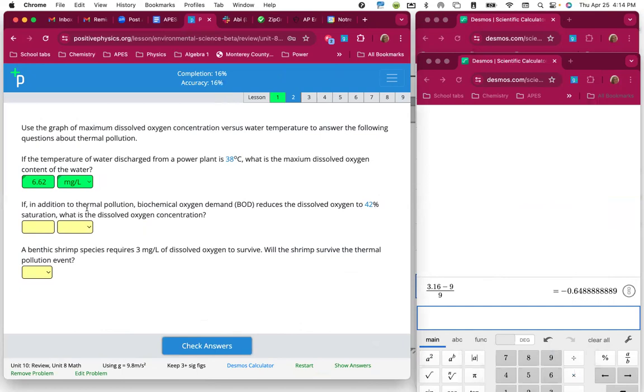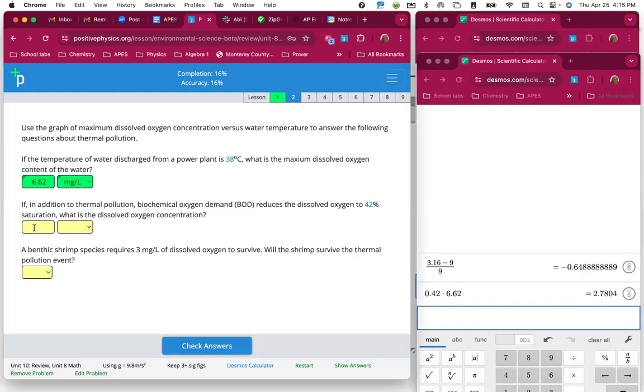So if in addition to thermal pollution, biochemical oxygen demand reduces the dissolved oxygen to 42% saturation, what is the dissolved oxygen concentration? So if it's 42% of its saturation, that would be taking 42% of something, so 0.42 times that other number.